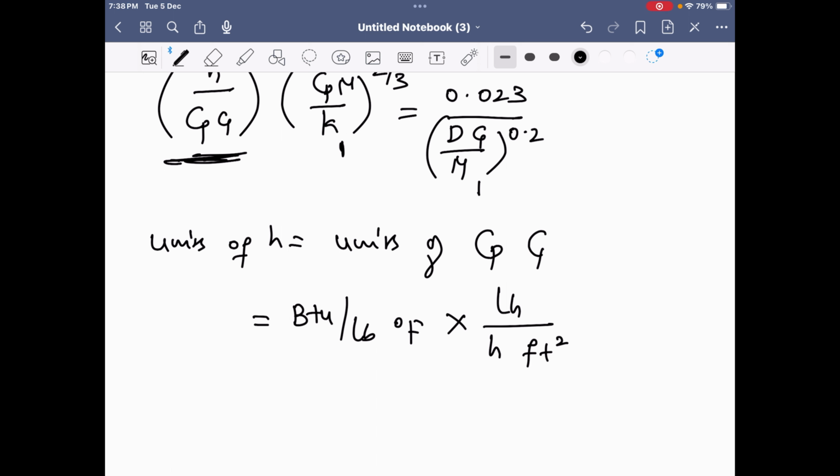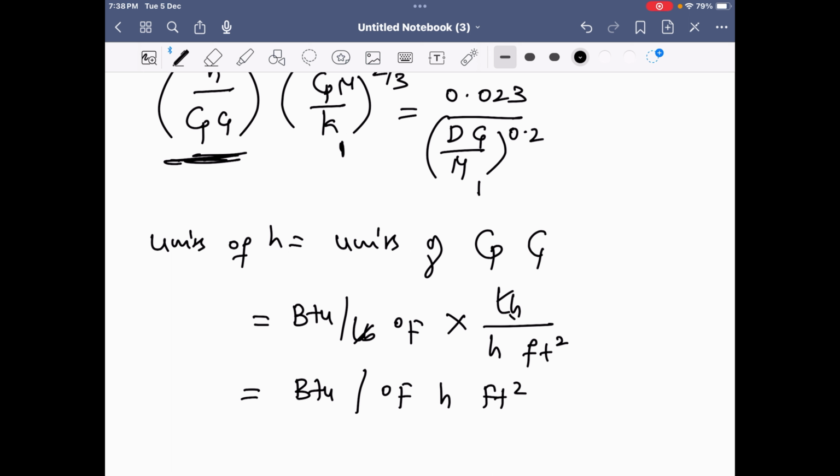So now whichever terms get cancelled, let us cancel them and we end up with BTU per hour degree Fahrenheit into feet square. So this is the unit of H. So this LB gets cancelled. The unit of H is BTU per degree Fahrenheit hour feet square.